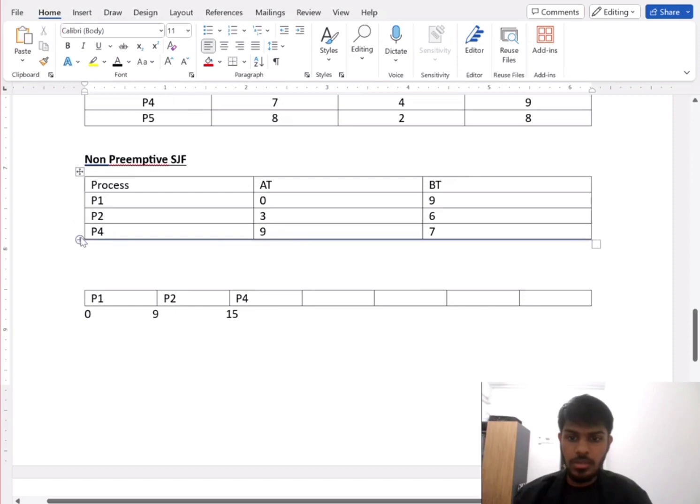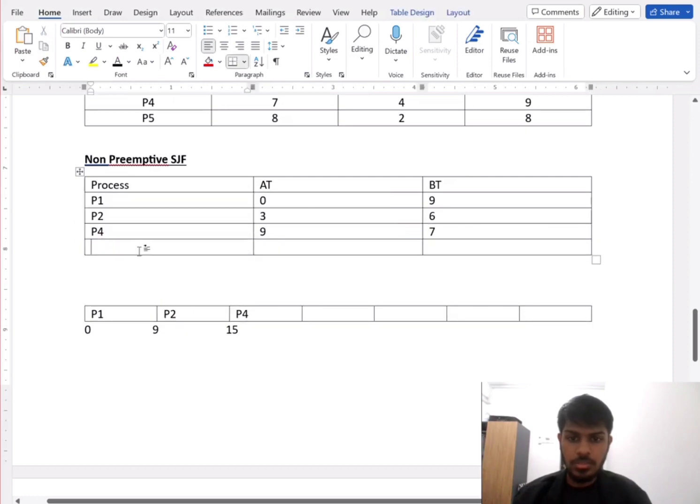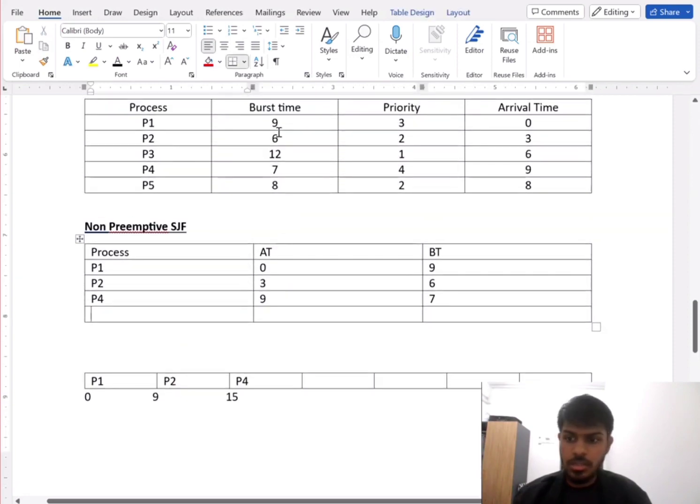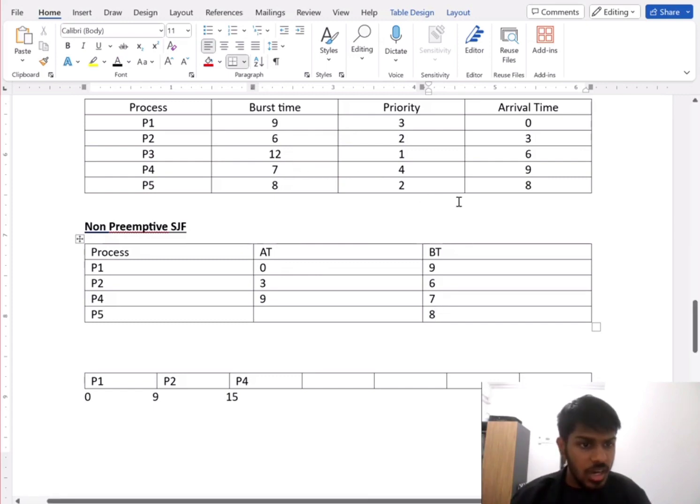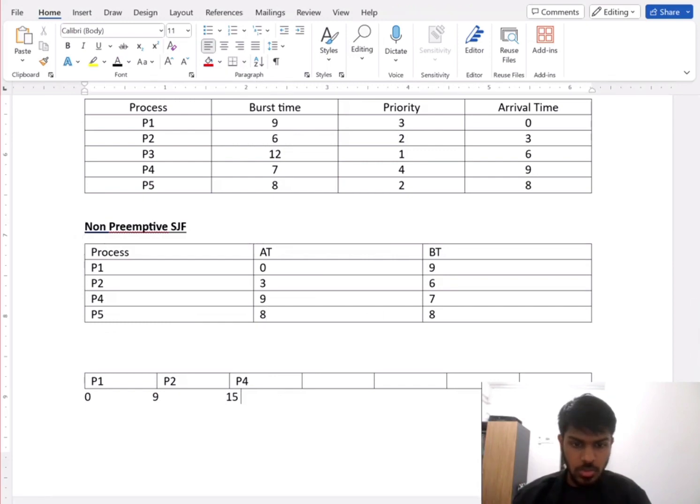After that the next process is P5 with the lowest burst time 8, arrival time 8, and 15 plus 7 is 22.